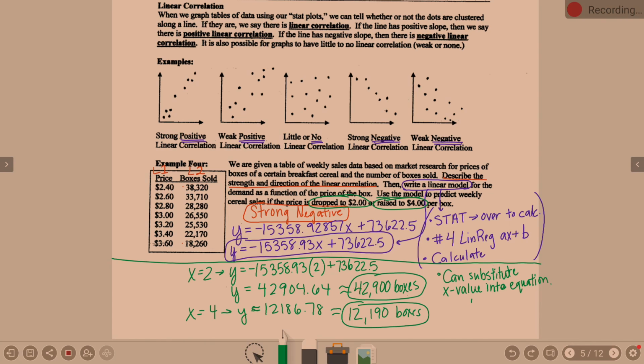Or you can trace the line on the graph and enter the value. Okay? Those are your options to help you know how to do that when you look later.